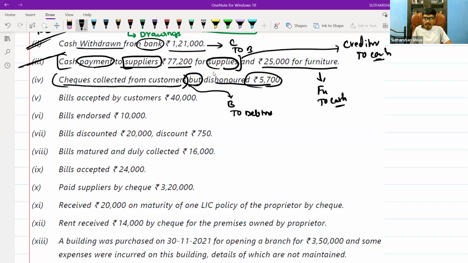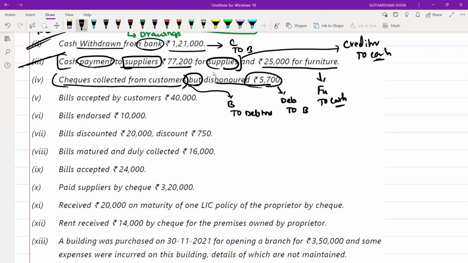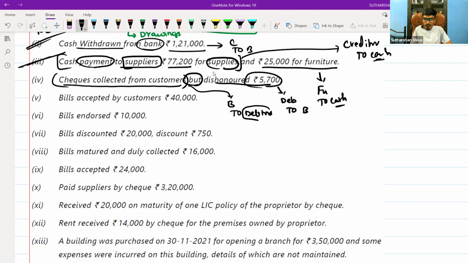Bank to debtors, but dishonored. What is the journal entry? Debtors to bank. So I need to reverse this entry. This will also affect my debtors account. Debit side 5,700, credit side 5,700. There is no net effect, but we need to show it as an accounting term.